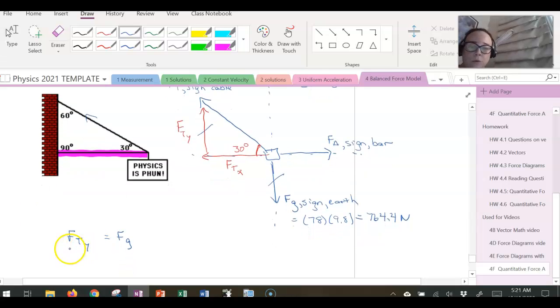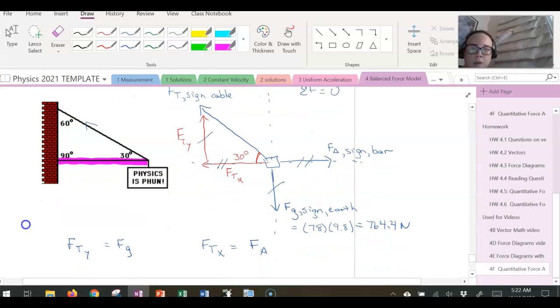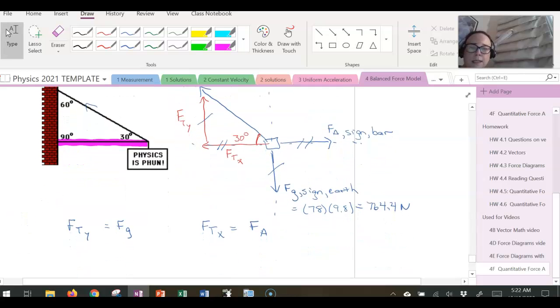So I'm going to be able to work with that. I also know that in the horizontal direction, again, there are only two forces, so I can say that Ftx, the x component of that tension force, equals the applied force. Not sure I'm going to need that because I only need to find the tension force in the cable.